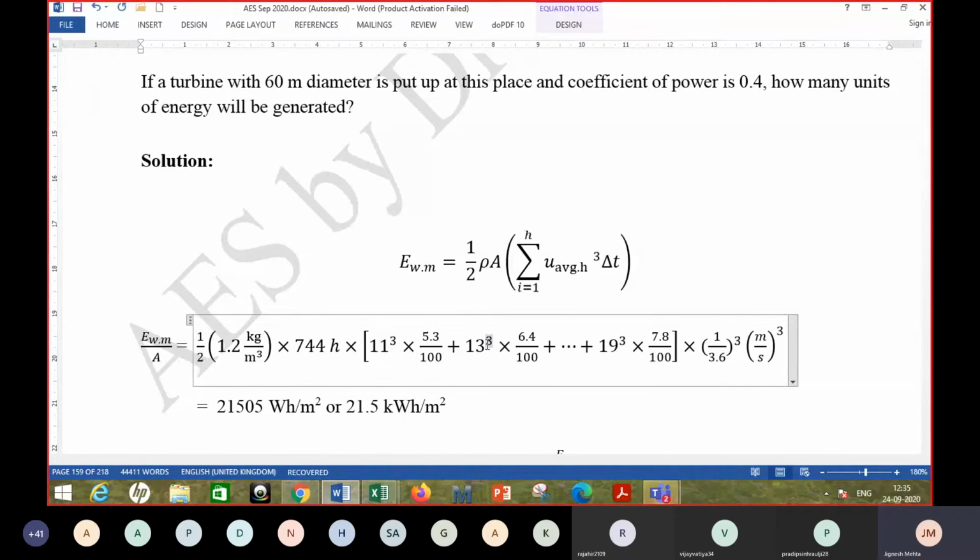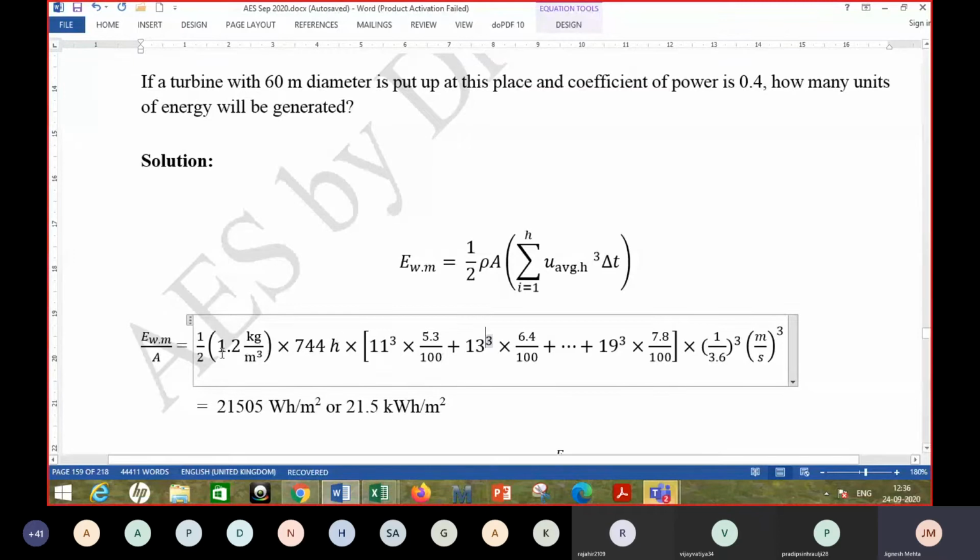So 6.4 divided by 100. The 744 hours is the number of hours in the month of March. So that is 24 into 31, that is 744. Do you agree with that? 24 into 31 is 744.